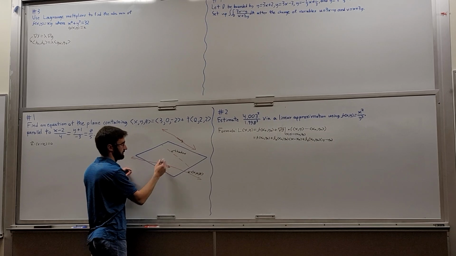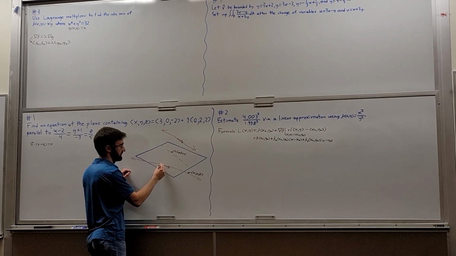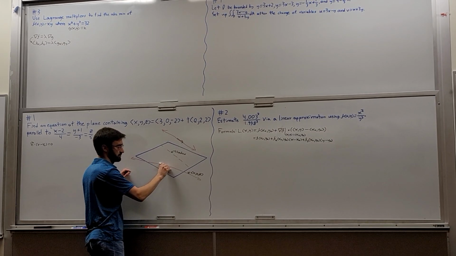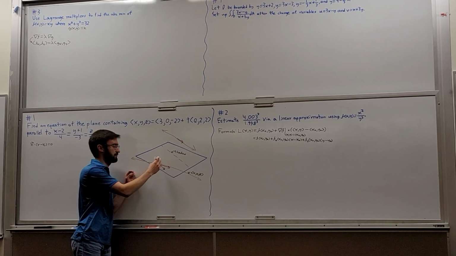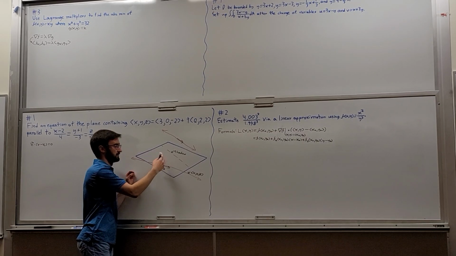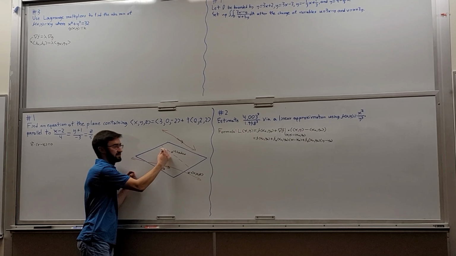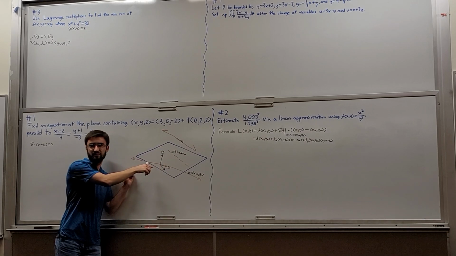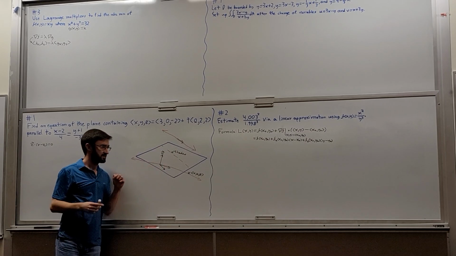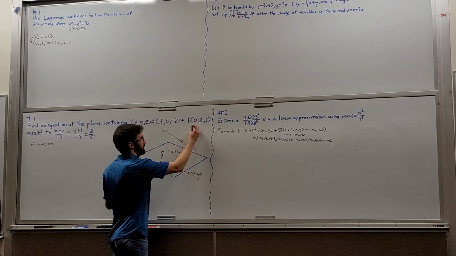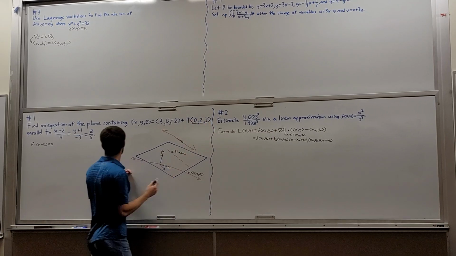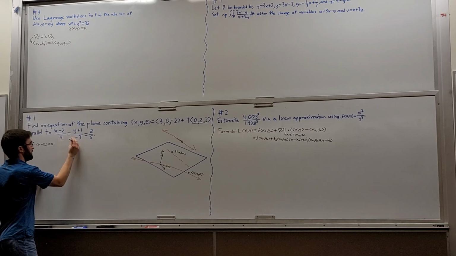If I move that one over here, I can place both of those directional vectors on the plane, and if I cross the two of them, I would get a normal vector for the plane. Does everyone see what I've said? So basically, you just cross the directional vectors of the two lines.